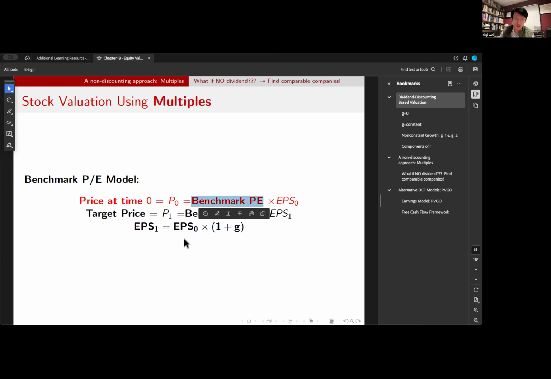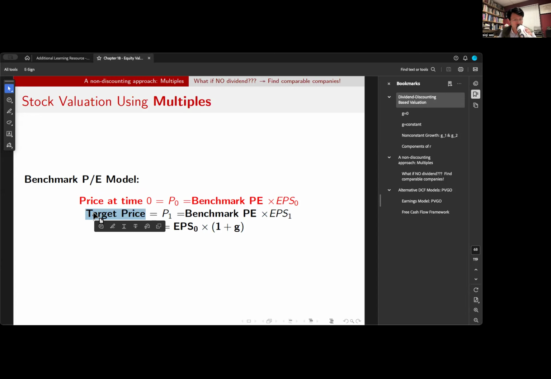You can also create a lead-lag relationship using the growth rate to calculate the EPS next period so that you can generate a target price. Simple and powerful. That's the beauty of this approach.